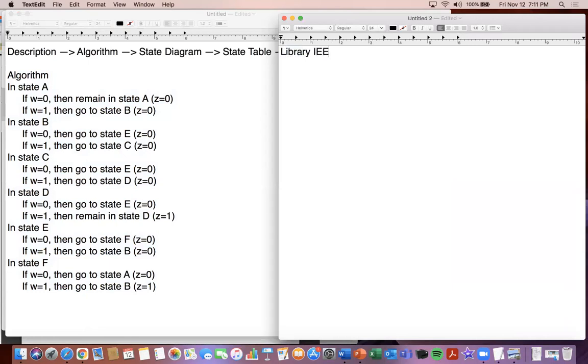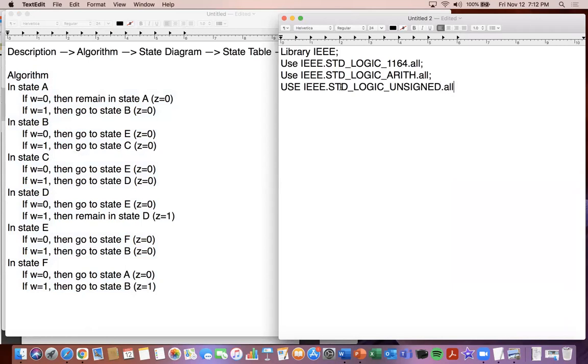Library IEEE; use IEEE.std_logic_1164.all; use IEEE.std_logic_arith.all; use IEEE.std_logic_unsigned. You don't need the last two because they're not using addition, subtraction, division, multiplication, but I just like it so I don't forget.